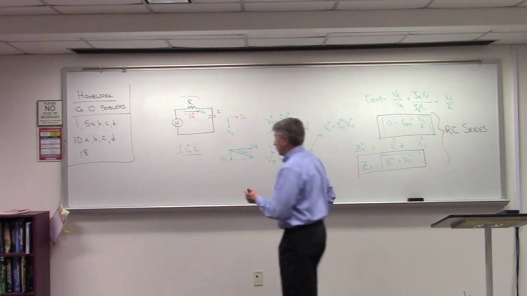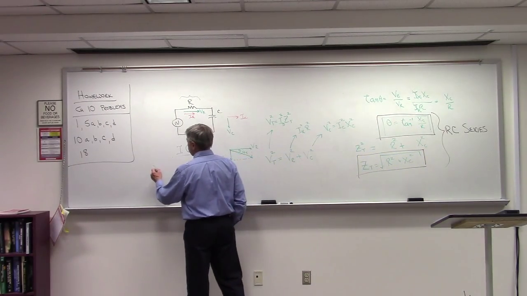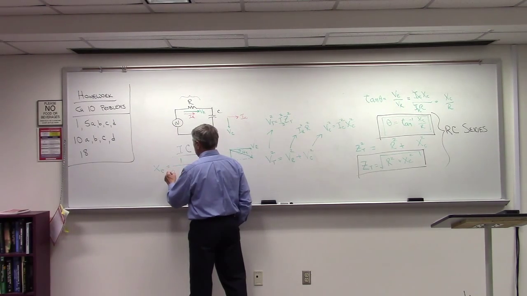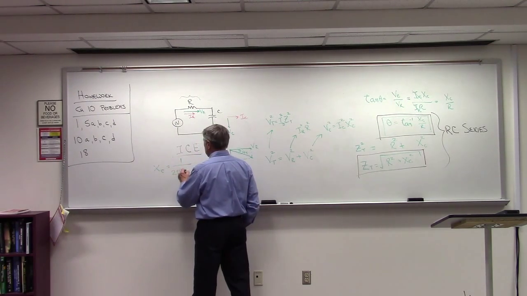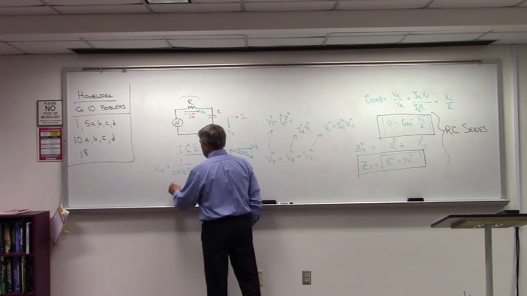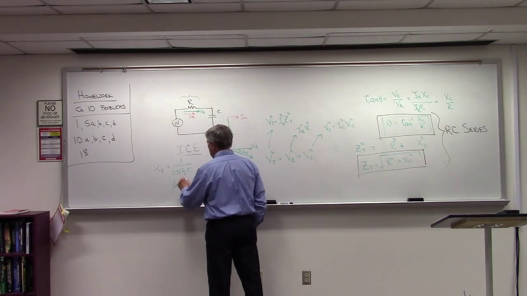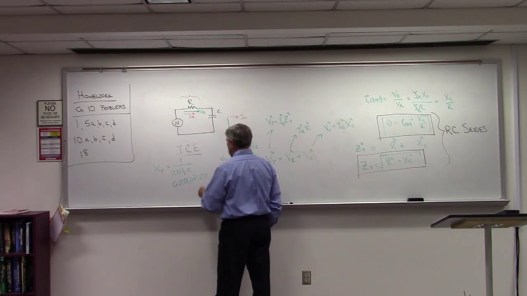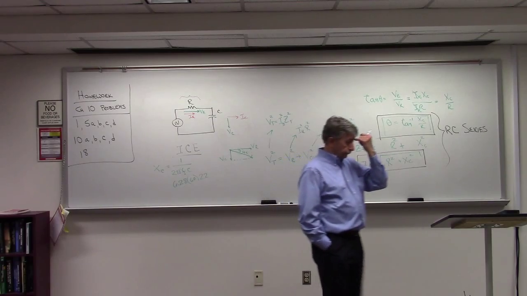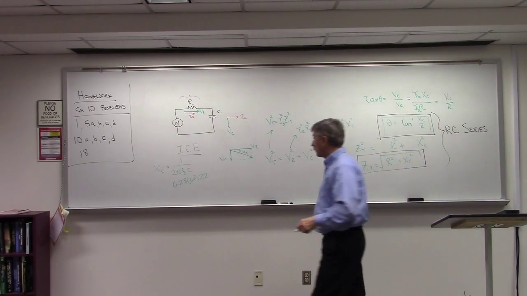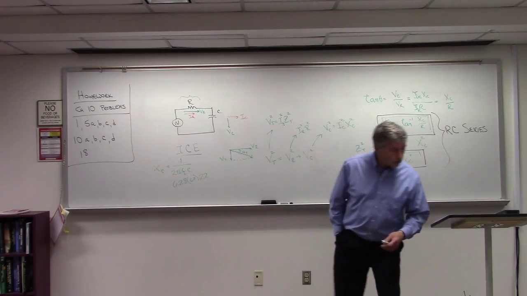So the first thing you want to do is calculate the capacitive reactance, which is 1 over 2 pi frequency times the capacitance. So that's 6.28 times the frequency, which is 60, times 2.2 microfarads. Is that what that is?